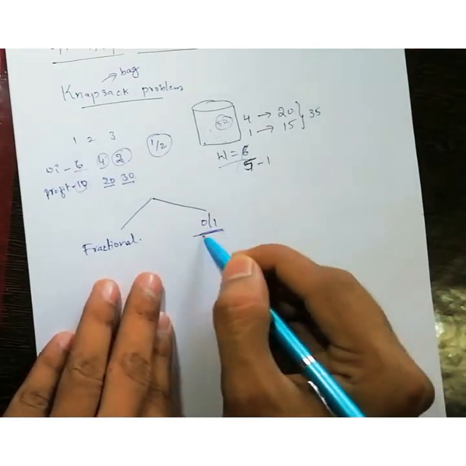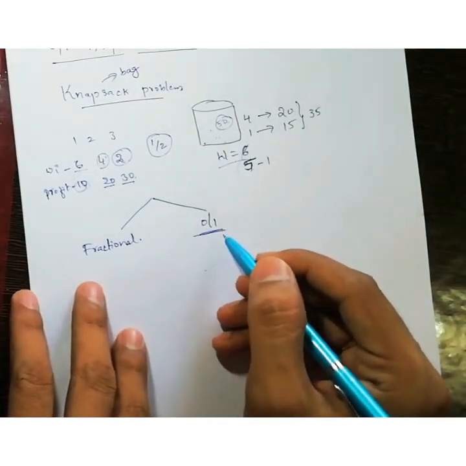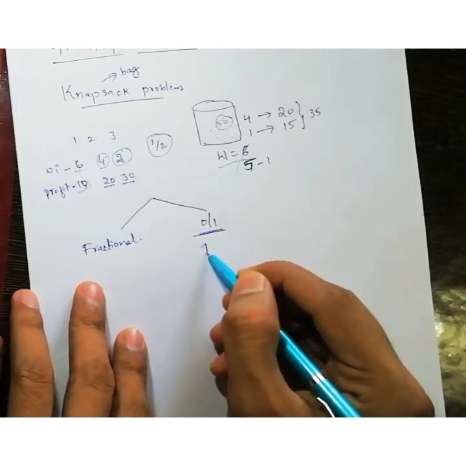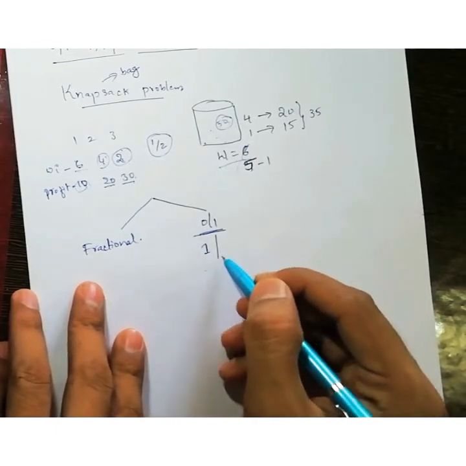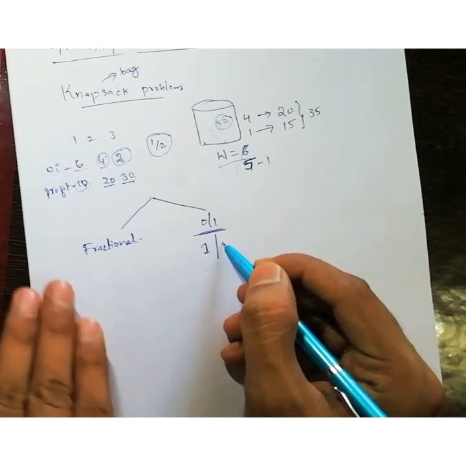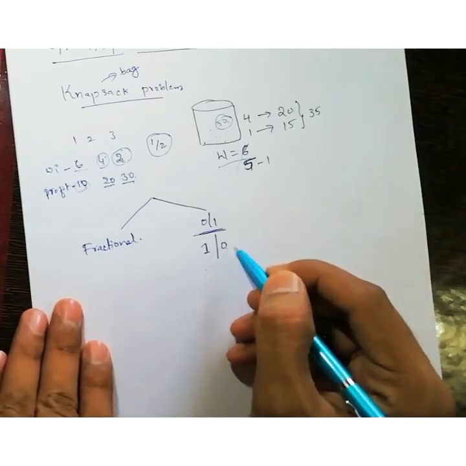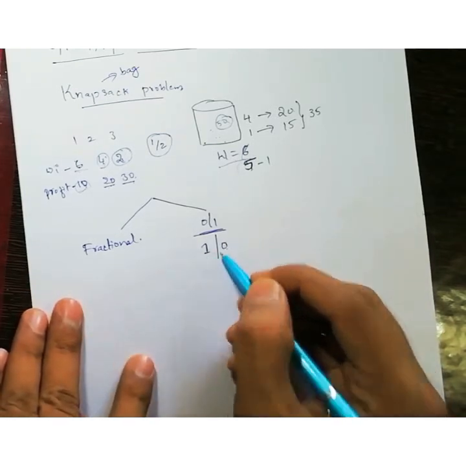But in case of 0-1 knapsack, either you have to take the full item, which we represent by 1, or you have to take nothing. That means either no element is selected or the full element is selected. No fractional part.